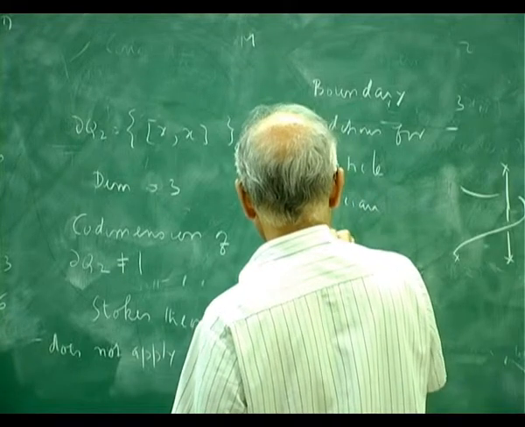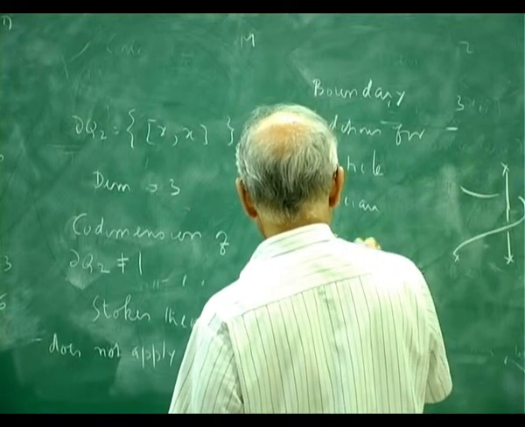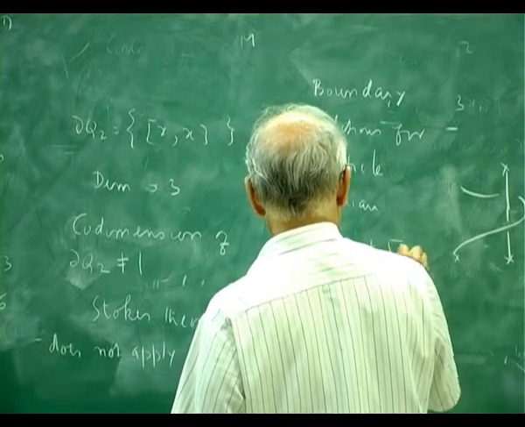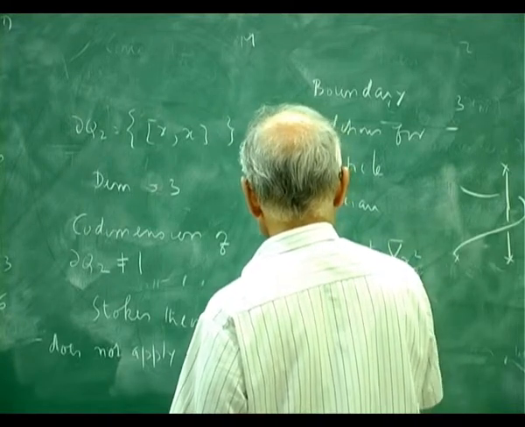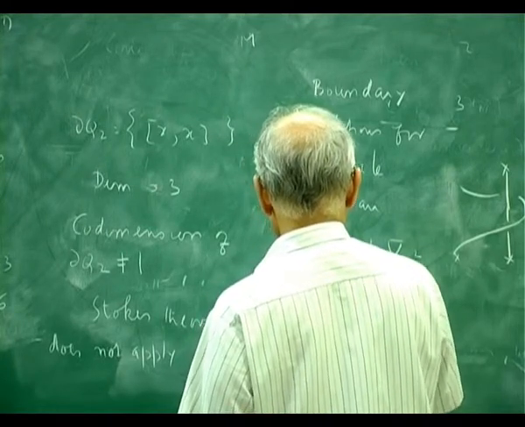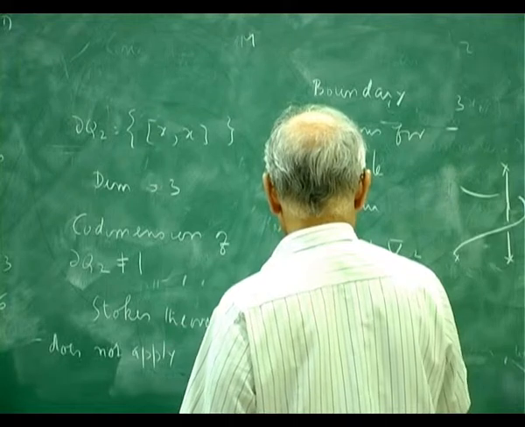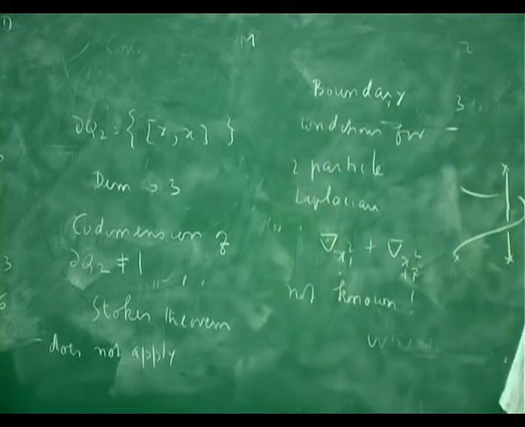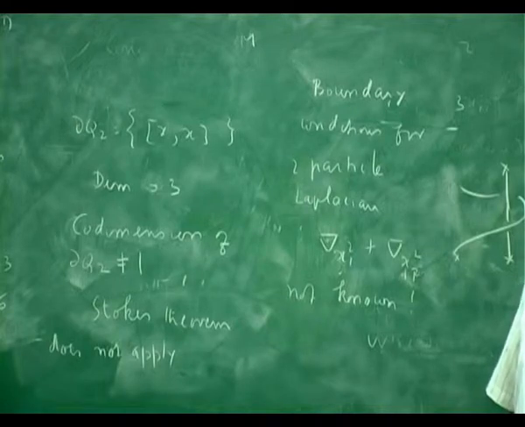So it is delta of x1 squared plus delta of x2 squared. You don't know the boundary condition.